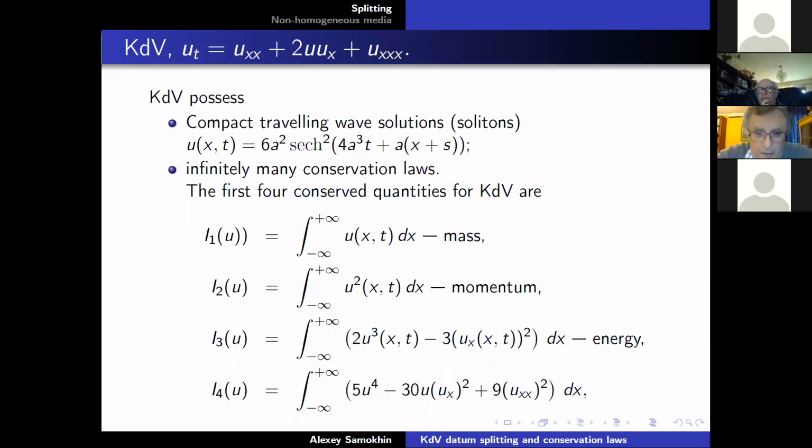There are infinitely many conservation laws for KdV, and 4 of them are listed here. They have usual names as mass, momentum, energy. The 4th one probably has no name and is not well advertised.